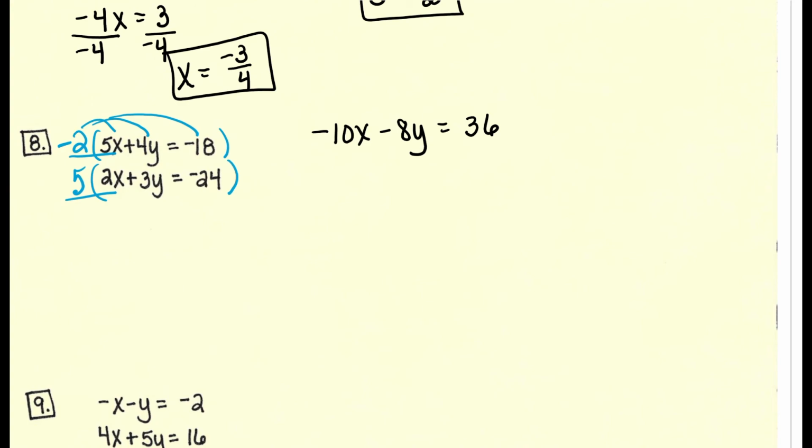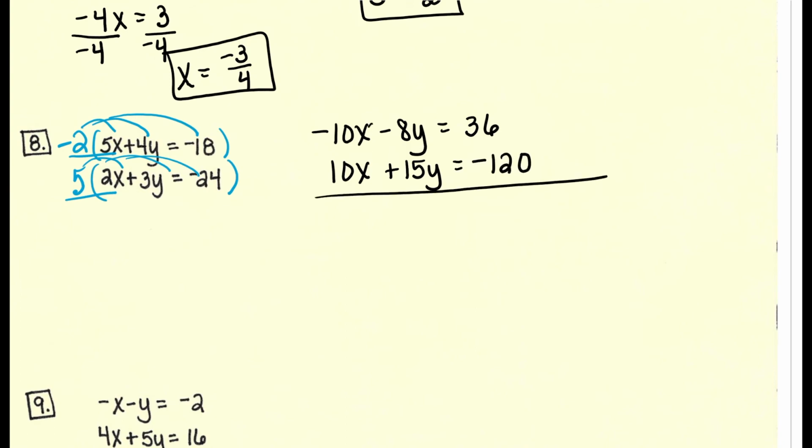In the bottom equation, I'm going to multiply by 5. That's going to give me positive 10x plus 15y is equal to negative 120. Those x's are going to eliminate, and I get 7y is equal to negative 84. Divide by 7, and y is equal to negative 12.